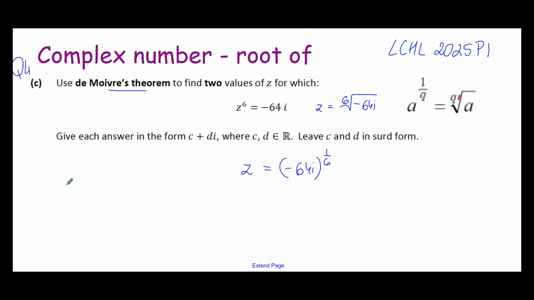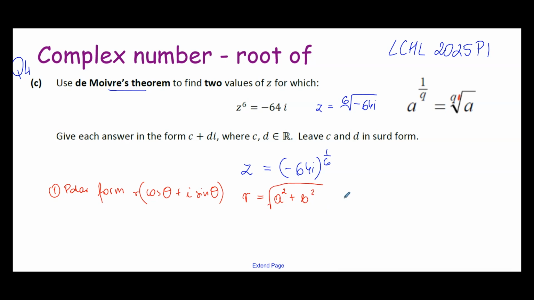Now I can work the numbers here. So how does it work? Well, the first thing we need is the polar form of our complex number. The polar form is r cos theta plus i sin theta. Therefore, to find the value of r, we take the real part to the power of 2 plus the imaginary part, the number without i, to the power of 2.